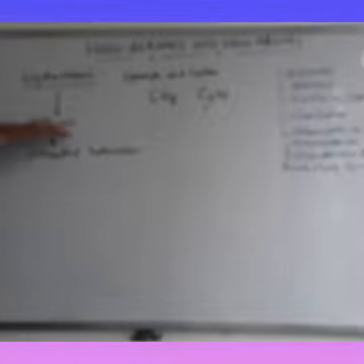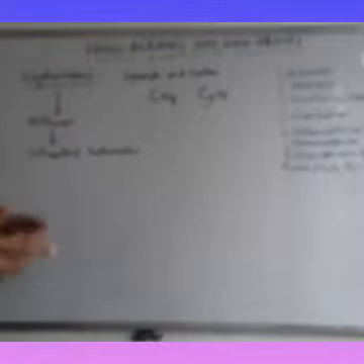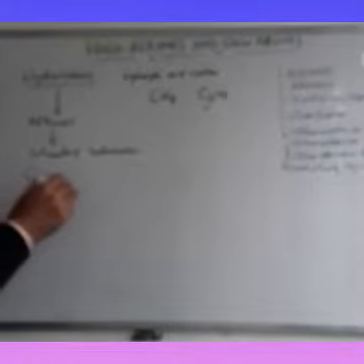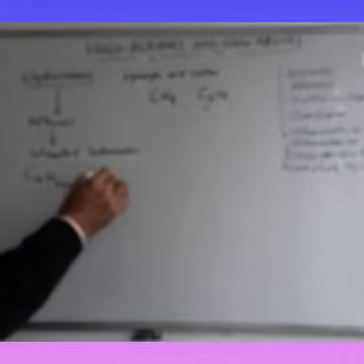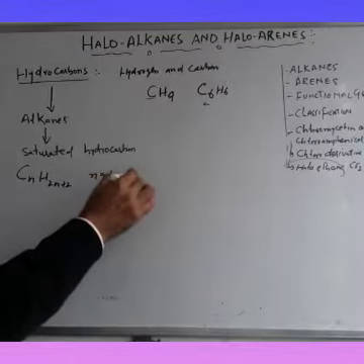Alkanes are saturated aliphatic open chain hydrocarbons. Their general formula is CnH2n+2, where n is equal to 1, 2, 3, 4, and so on.